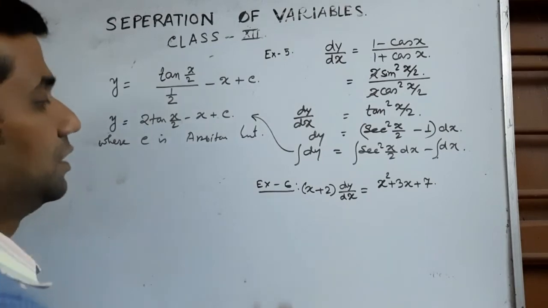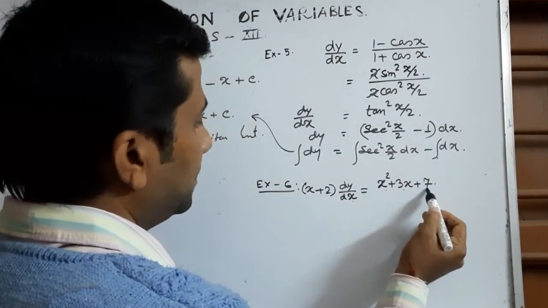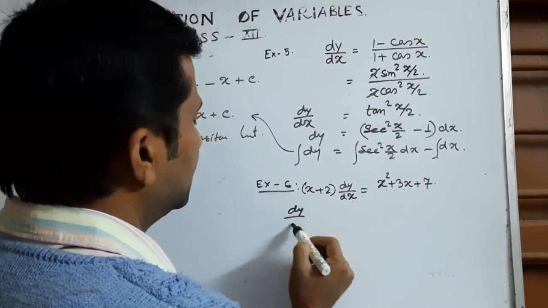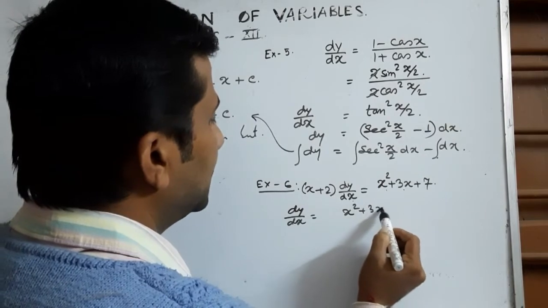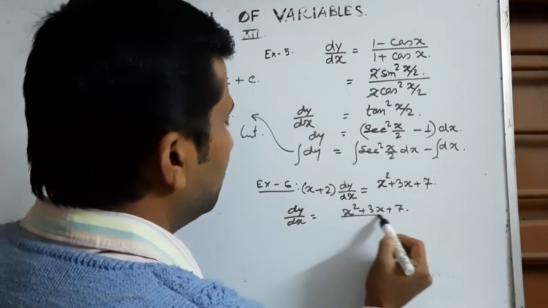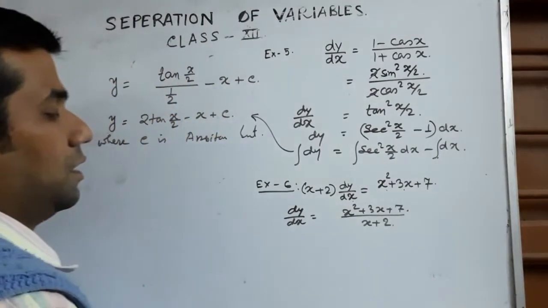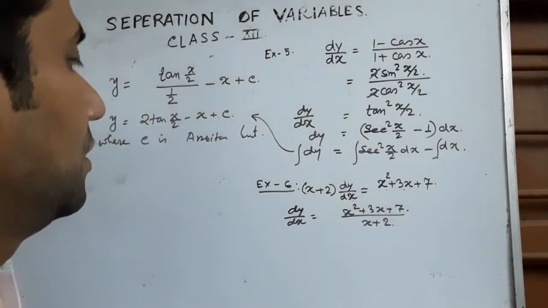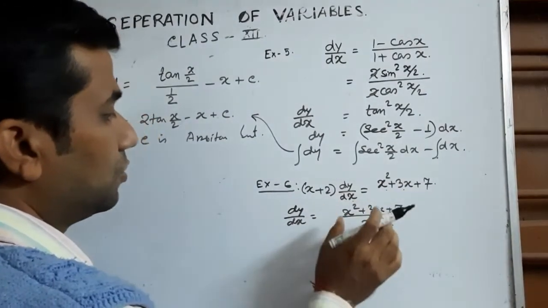Next problem is (x plus 2) dy/dx = x square plus 3x plus 7. Then dy/dx = x square plus 3x plus 7 by x plus 2. The numerator cannot be factorized, so we divide.